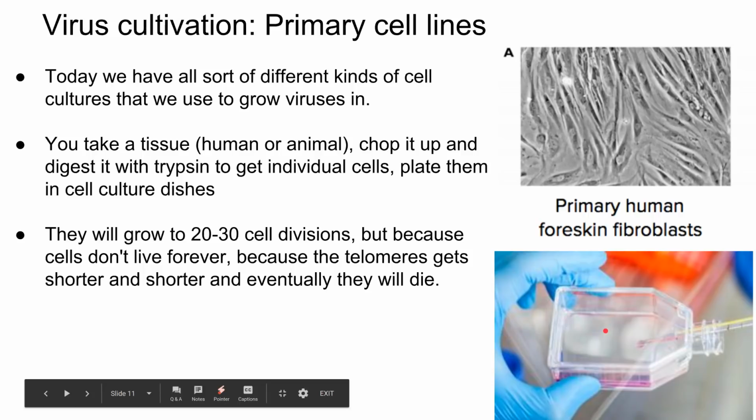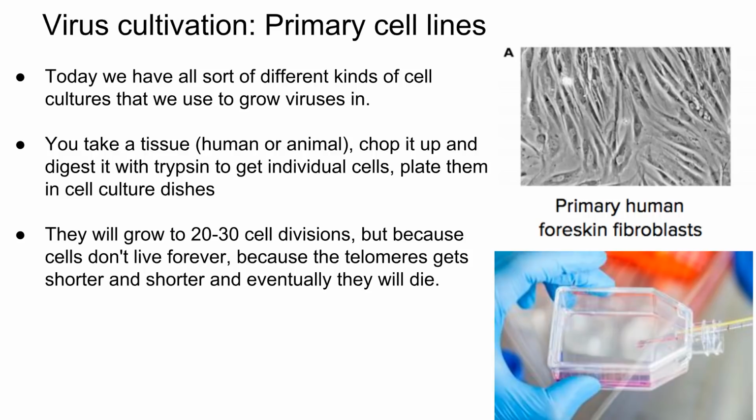هذول primary cell lines they're taken from individual يعني they mimic, they simulate actual cells الموجودين inside our bodies صح؟ هذا الادفانتج تبعهم. الديسادفانتج انه those cells the primary cell lines مشكلتهم انهم they are mortal يعني they do not live forever.